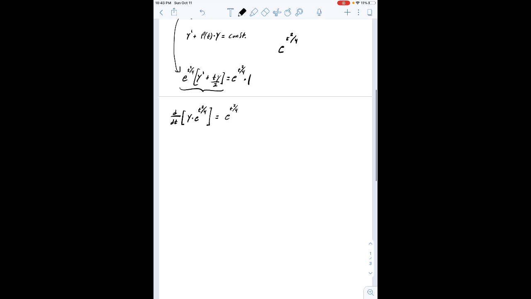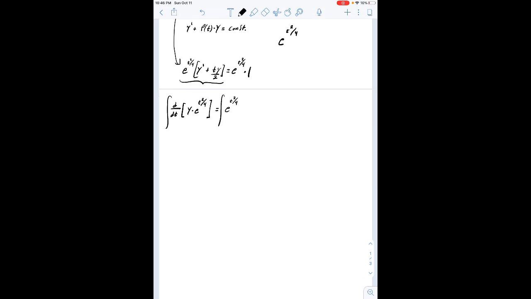And then we note that to get rid of this d dt on each side, we can just integrate with respect to t. After we slap on the integral of each side, we note that this side becomes y e to the t squared over 4. And this side is actually a special integral known as the Gaussian integral, which is known to not have a general analytical solution representation.